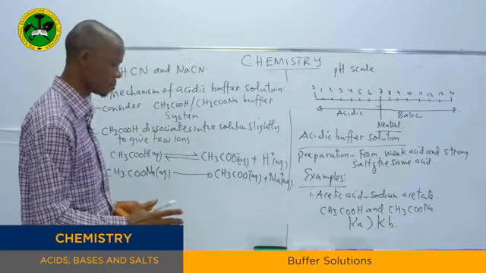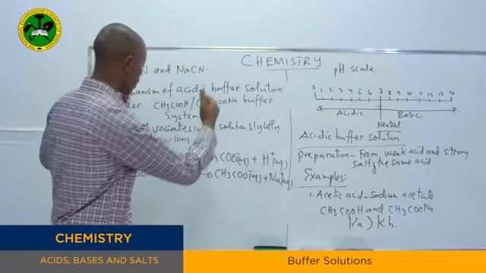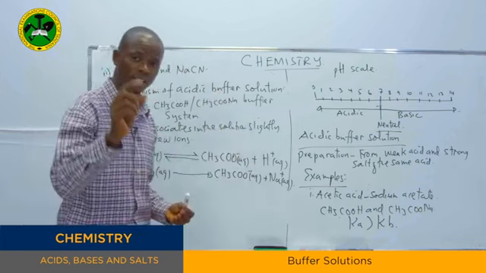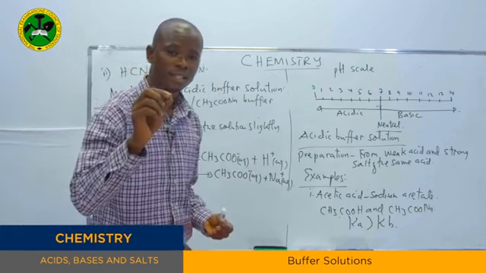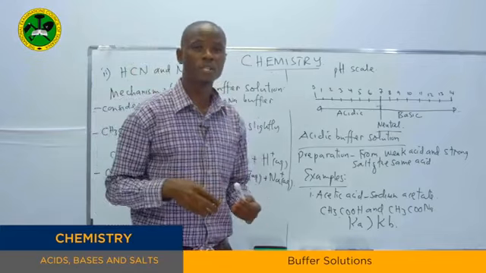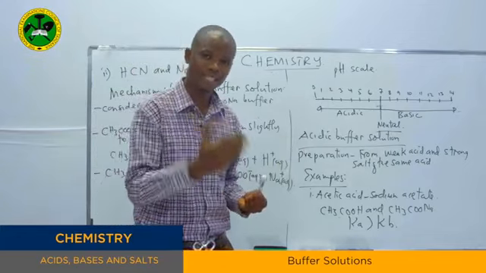Now the second question comes. This is the system. It is already in equilibrium. Now the question comes: when an acid is added to that buffer mixture, what will happen? That is the question.